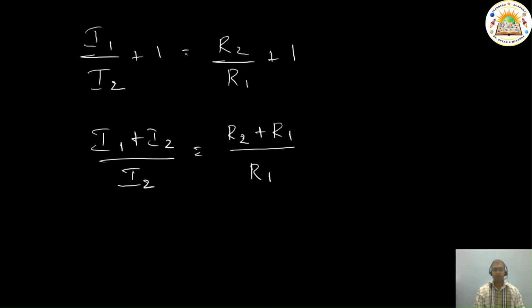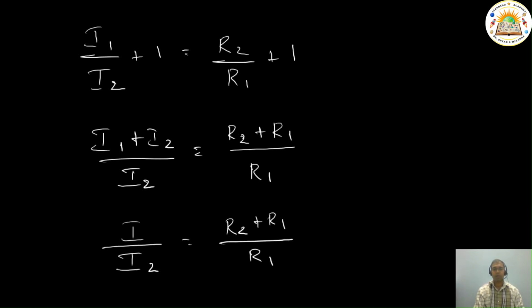I1 plus I2, we know it as I. So I divided by I2 is equal to R2 plus R1 by R1. Or I can go ahead and find I2 will be equal to I R1 by R1 plus R2.